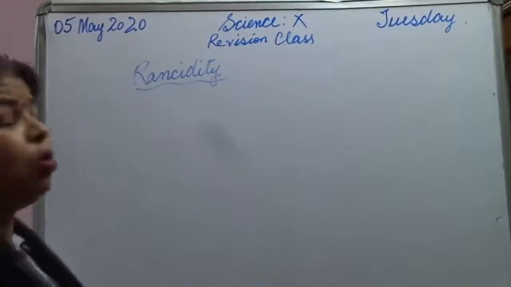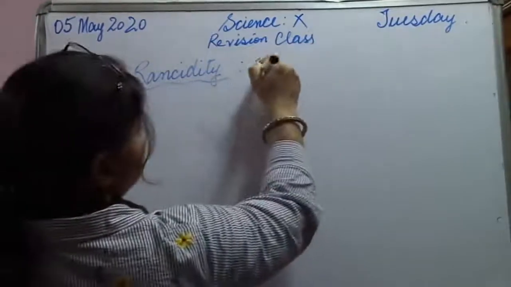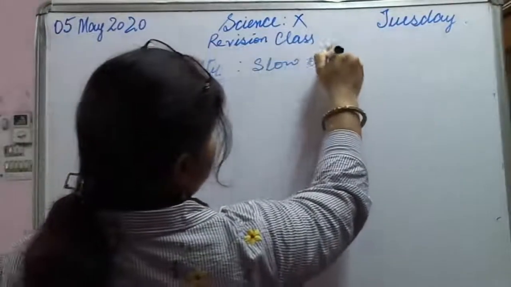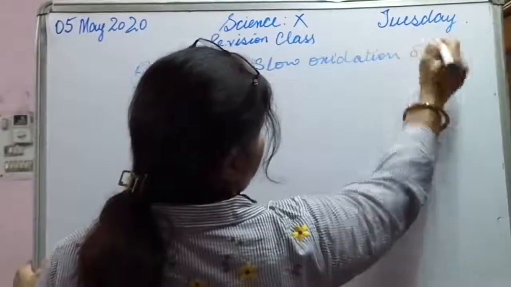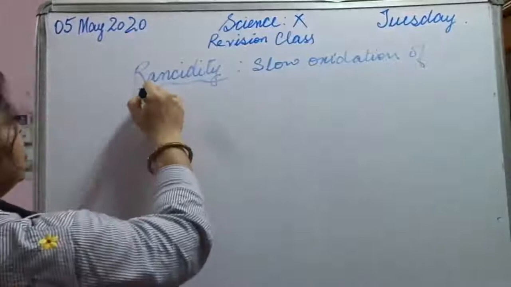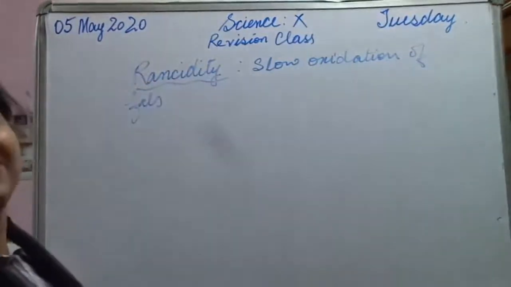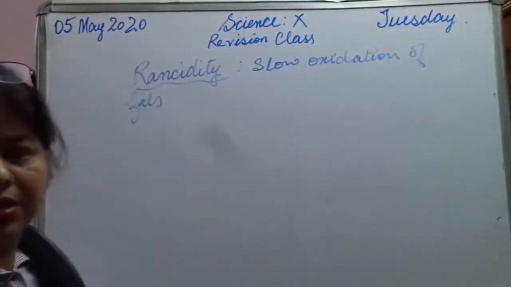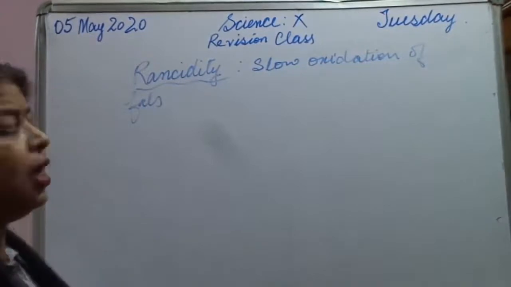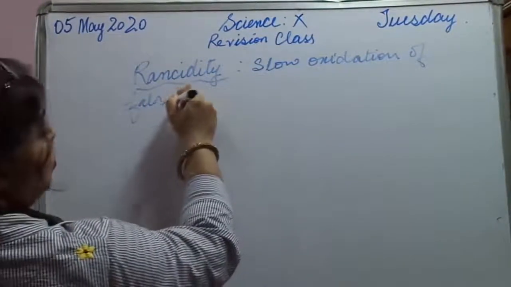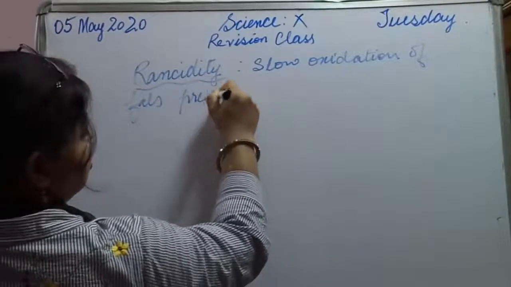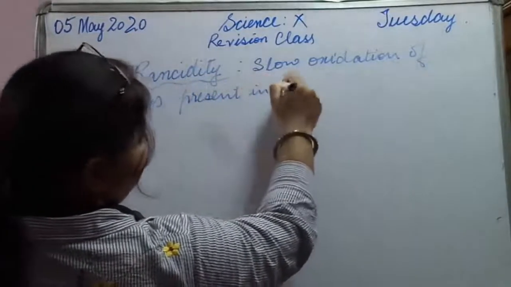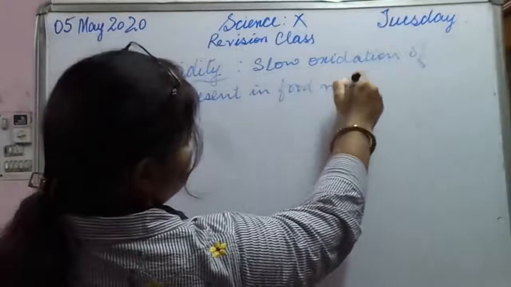Rancidity is the slow oxidation of fats present in the edible substances or food material.